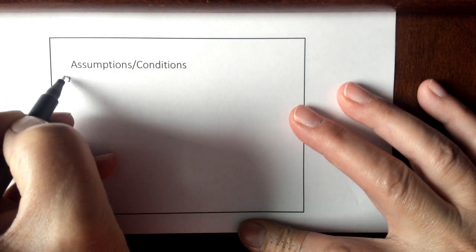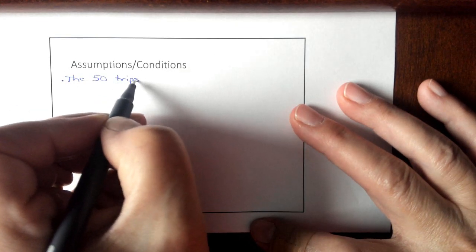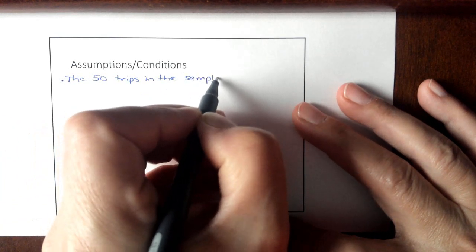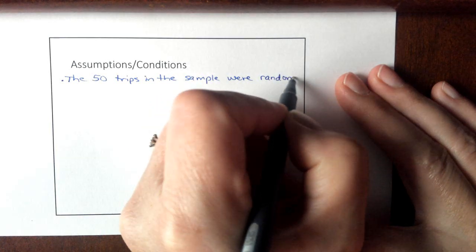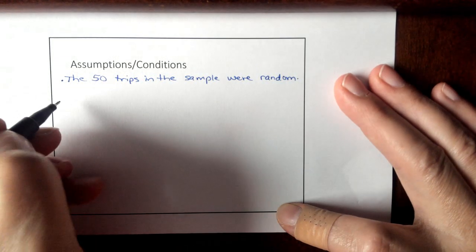So the 50 trips in the sample were random. You're not assuming this, you know this. They told you so. They spelled it out. Say it's true because you know it's true. Check.